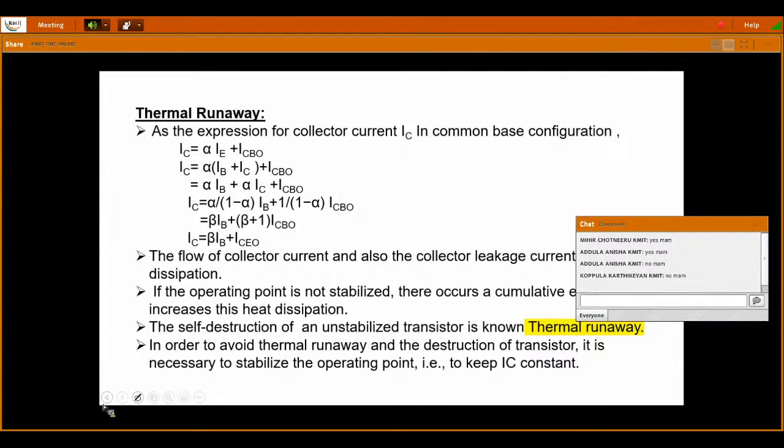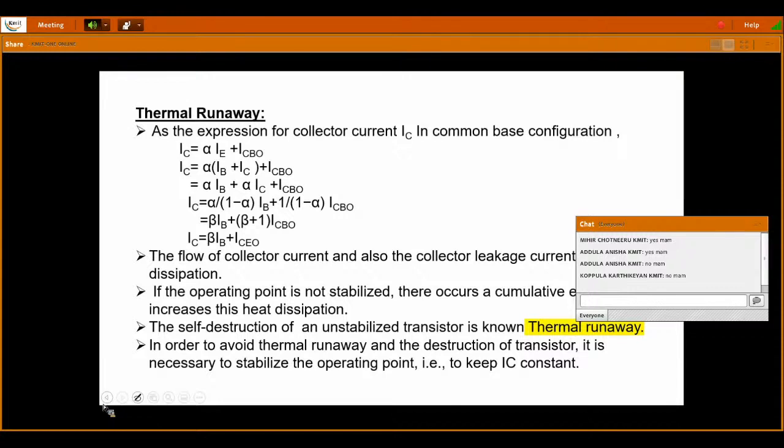Due to this greater heat dissipation at the junction, the transistor will be burned out.